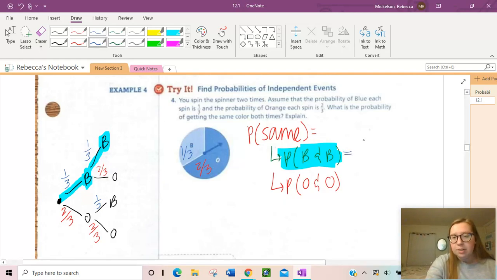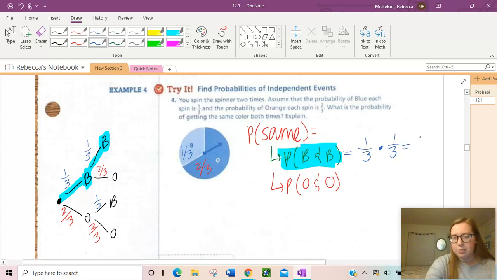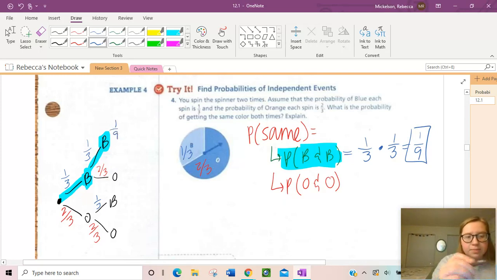Well, the first probability would be 1/3, and the second probability is 1/3. Just like we talked about on our last page, on those independent events, the probability of spinning blue and blue, we multiply those together. So this probability is 1/9. So we have a 1 in 9 chance of spinning 2 blues in a row. So I'm going to write that down here.